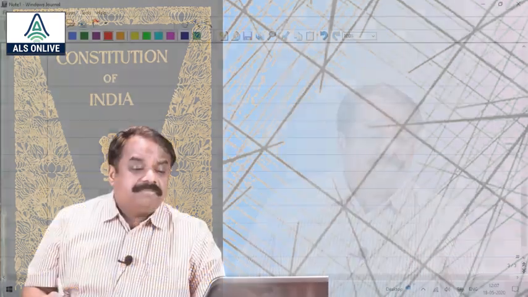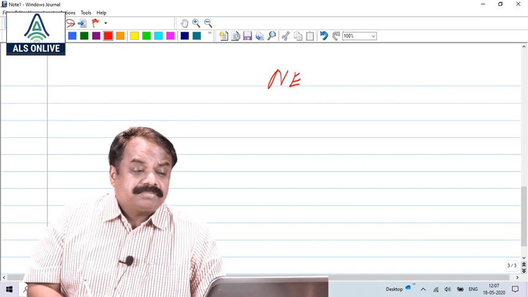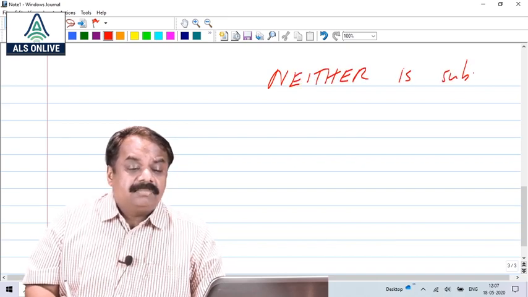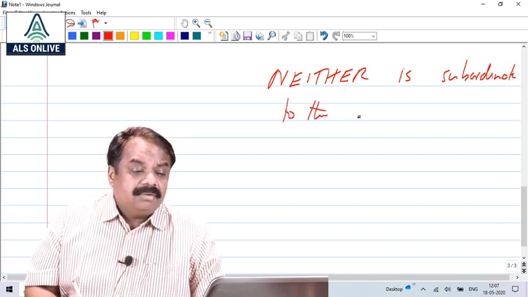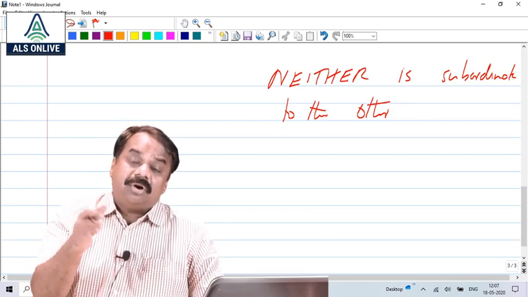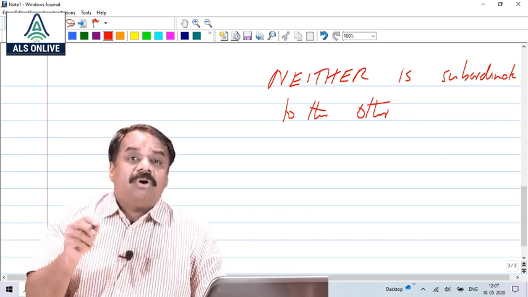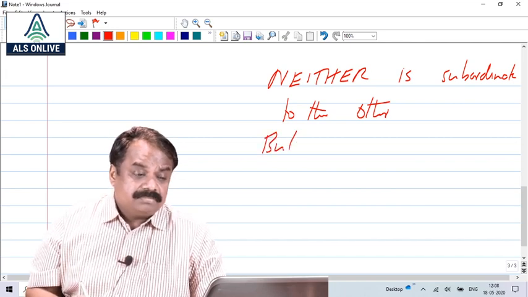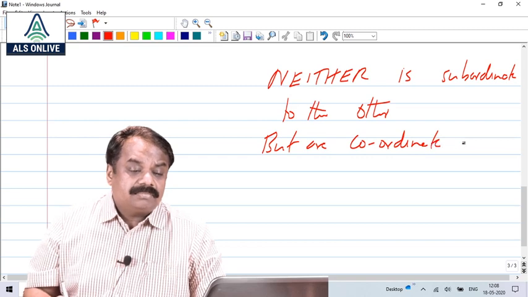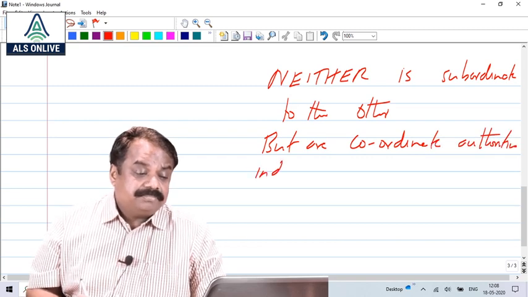One big feature of this system is that neither is subordinate to the other, meaning the center is not subordinate to the states and the states are not subordinate to the center, but they are coordinate authorities, independent of each other.